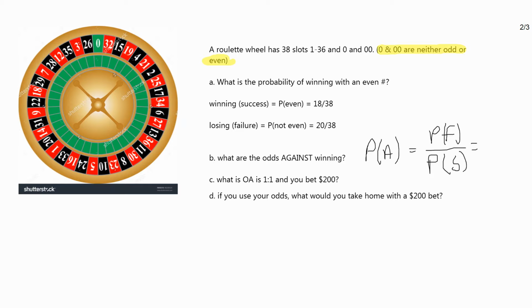And what are the odds in favor? It's the opposite. Odds in favor is the probability of success over the probability of failure. So you need to write that down. We'll write that down over here. This is odds, not probability.